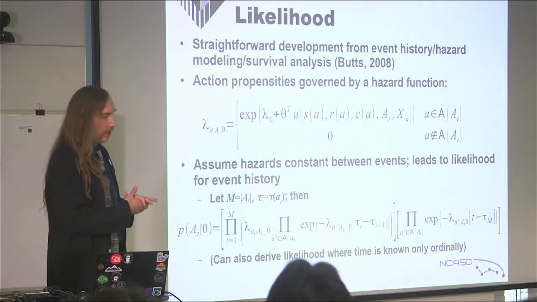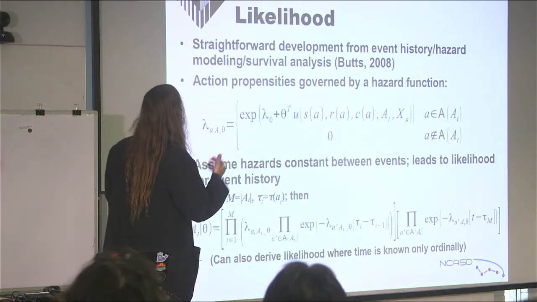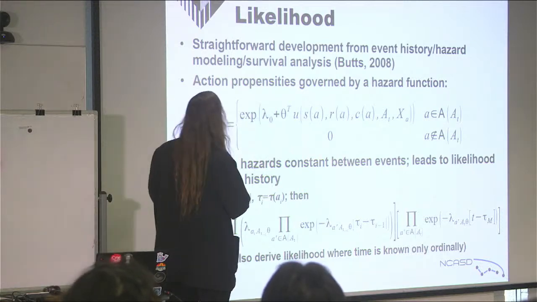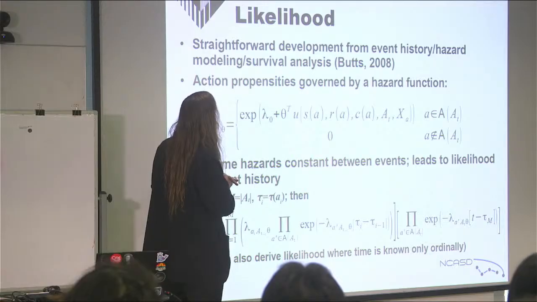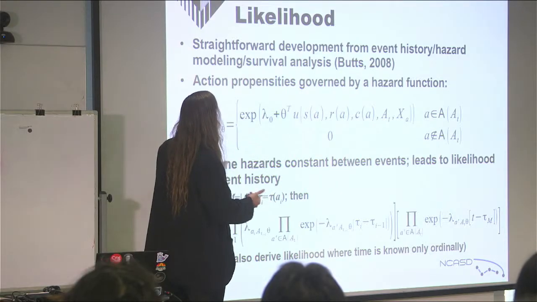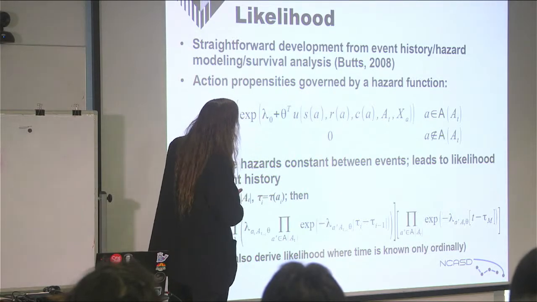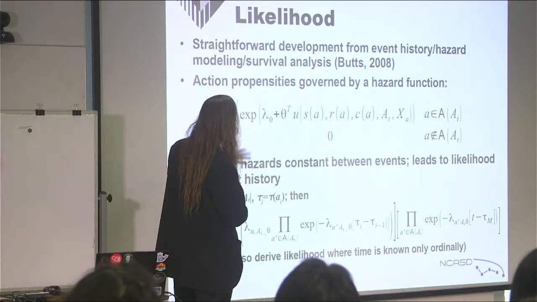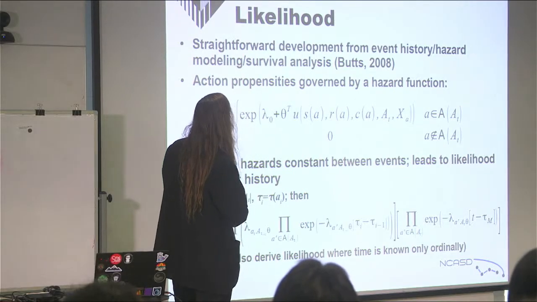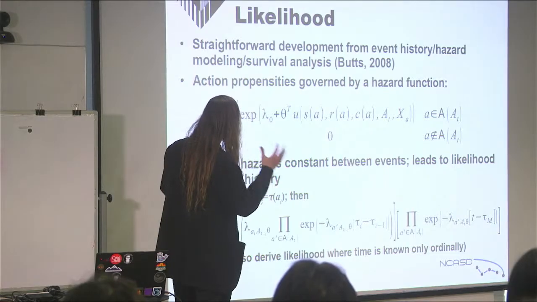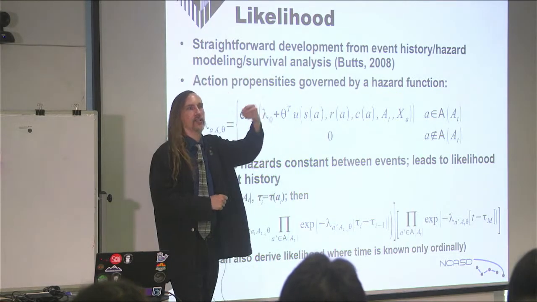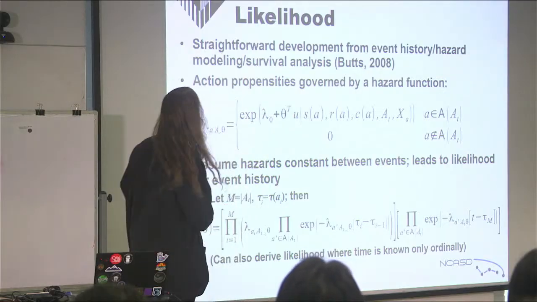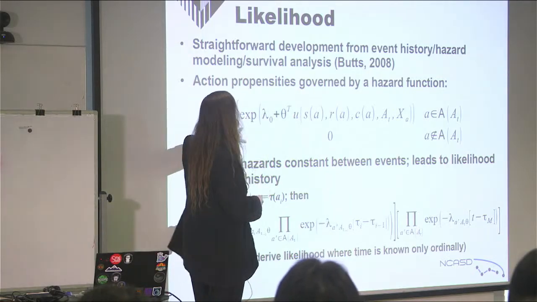Well, of course, we do it statistically, as we said. So how can we actually define models on these types of things? And it turns out we can take very natural ideas from the kind of event history, hazard modeling, survival analysis, pick your favorite literature. The basic idea, just to give it at a high level, is that we're going to think about our propensities of actions to occur by a hazard function, which we usually use this sort of log linear form.